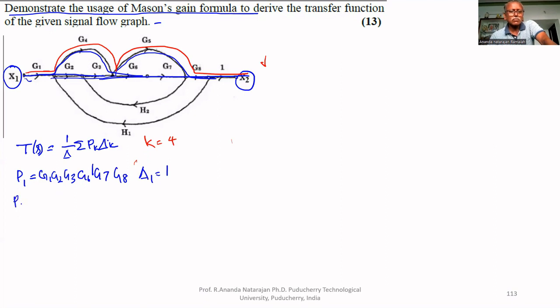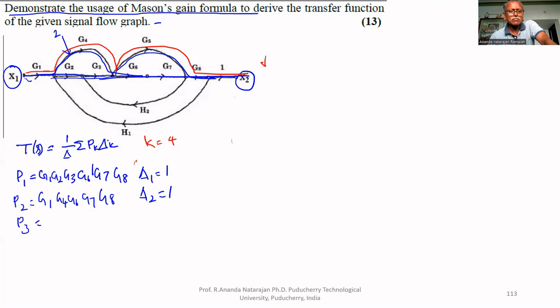So P2, let us assume this is the second forward path. Instead of G2, G3, it is G4, G6, G7, G8. Delta 2 also equal to 1.